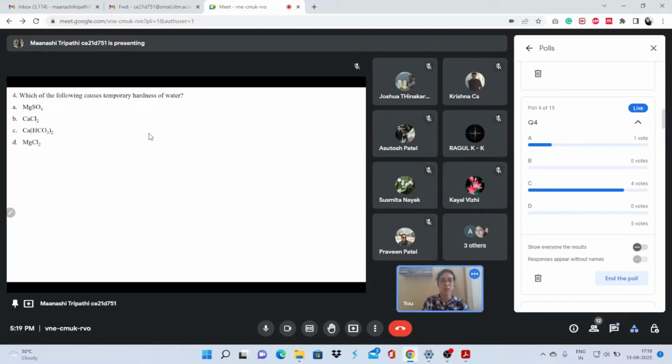It is not precipitated. We need to follow some different chemical or biological means to remove those hardness, mostly chemical. Okay, so you need to answer which of these four is the temporary hardness: magnesium sulfate, calcium chloride, calcium bicarbonate, or magnesium chloride.